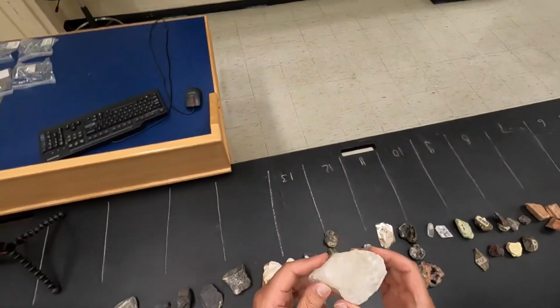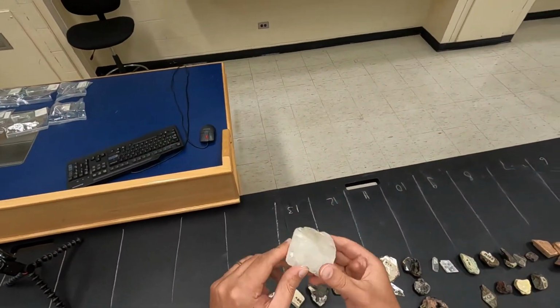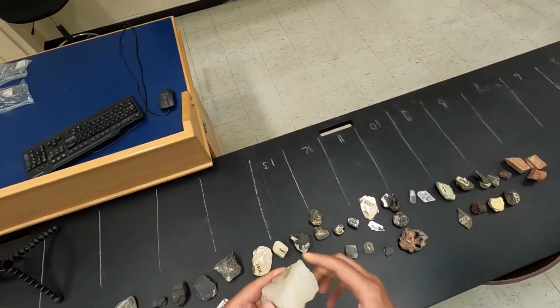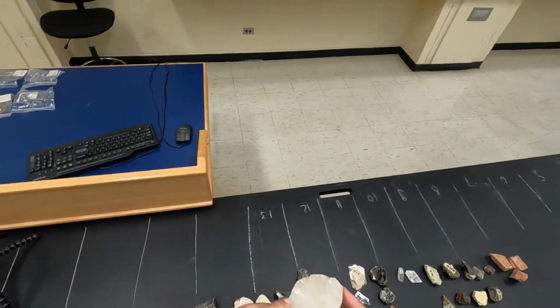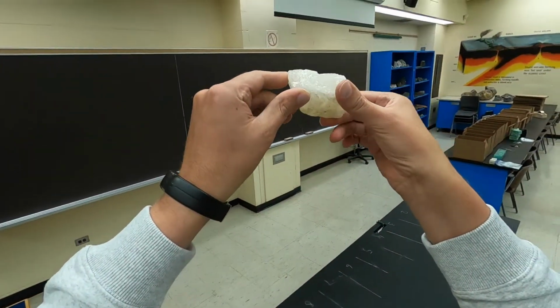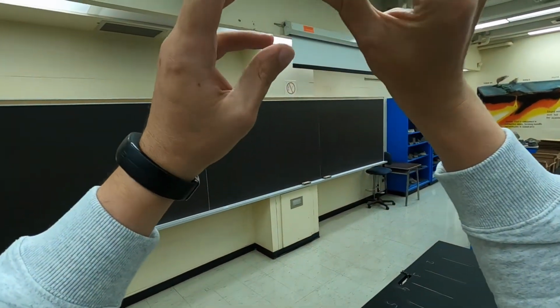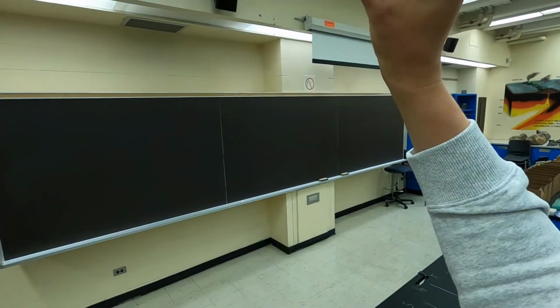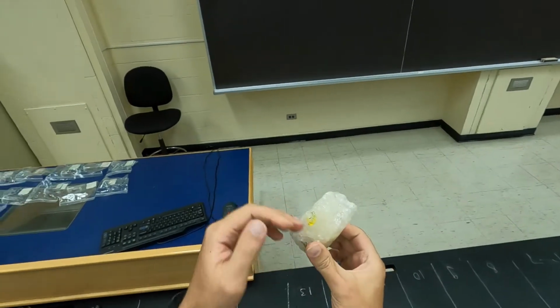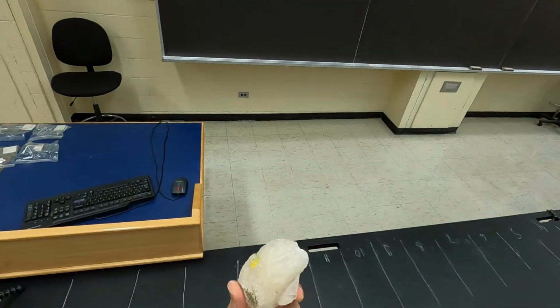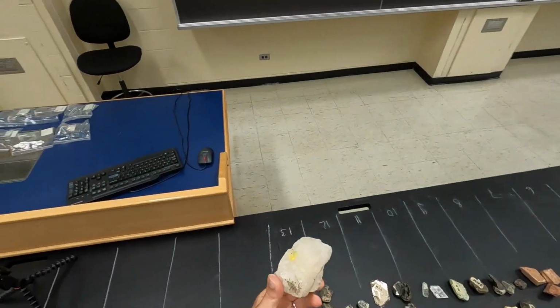I can take, for example, this piece of quartz. We have discussed it previously, and I can see light that can go through the crystal. So if you see here clearly, I can see light going through it, and so it's essentially transparent or translucent.